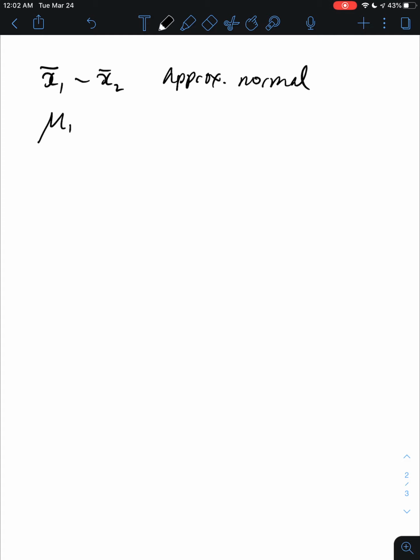The mean is going to be, as you might expect, the difference between the two population means. And the standard deviation, which we call the standard error, just to avoid a certain amount of confusion that can occur, has a nice formula.